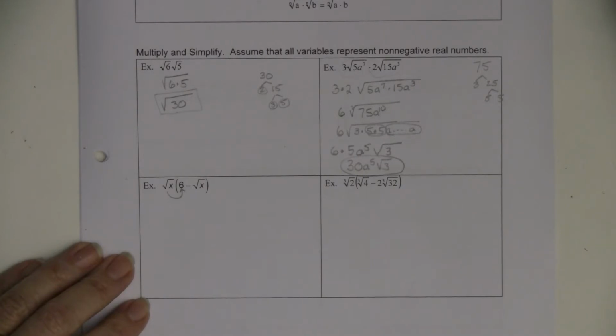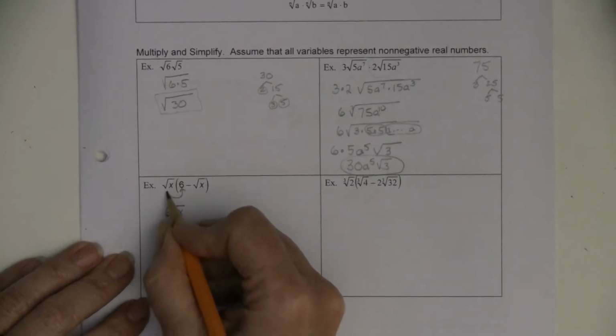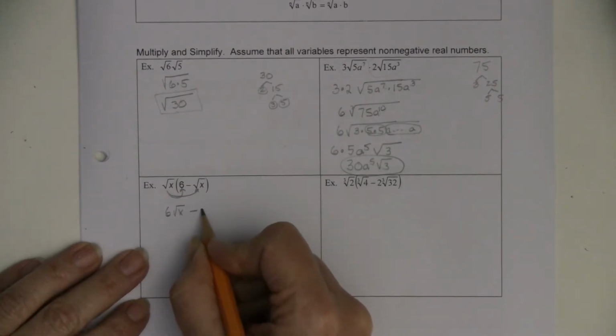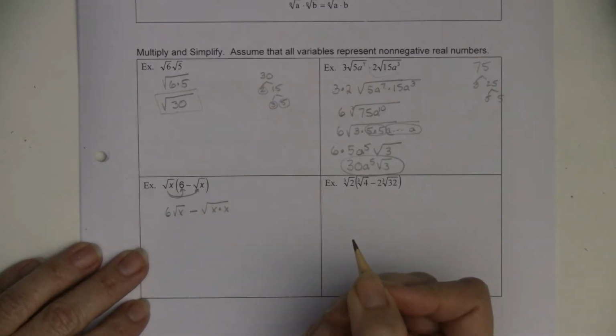Those won't multiply together. And the order that you write them in is the number first and your square root second. So this is going to be 6 square roots of x. And then this is the square root of x times the square root of x, so this is minus the square root of x times x. So they're both square roots.